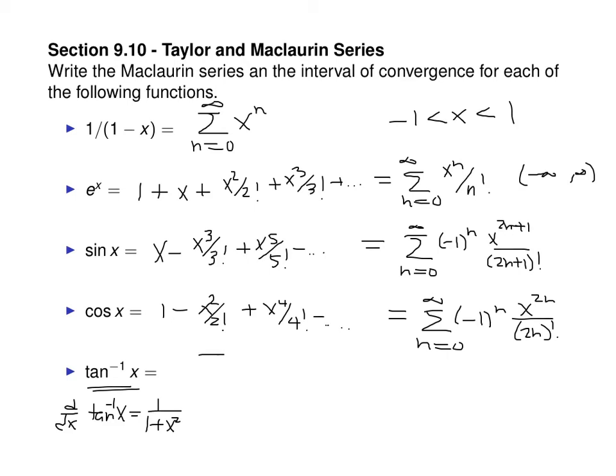And that is given as a sum from n equals 0 to infinity, negative 1 to the n, x to the 2n plus 1 over 2n plus 1, no factorial. And it has interval of convergence negative 1 to 1, including both negative 1 and positive 1.